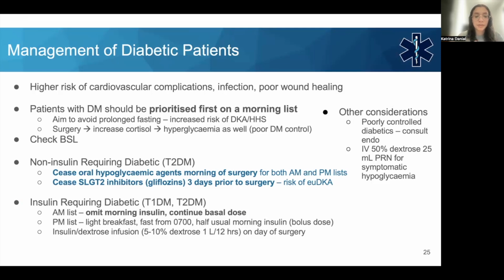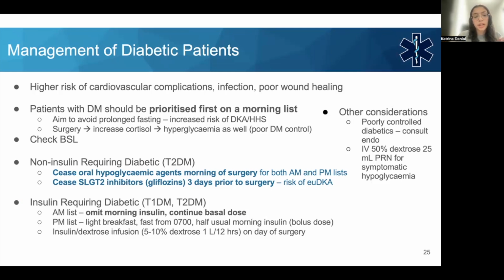For your type 2 diabetics, so your non-insulin dependent diabetics, depending on the medication that they're on, you have to stop it at a certain point in time prior to their surgery because they're going to be fasting. You don't want them to take the medication and be fasting because they'll have a hypo.